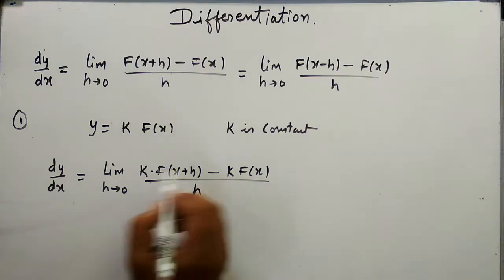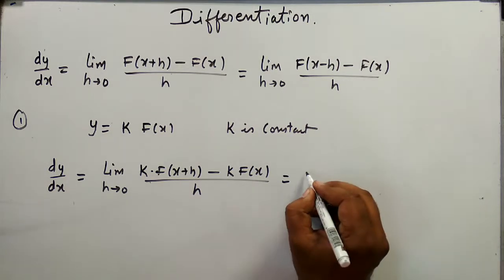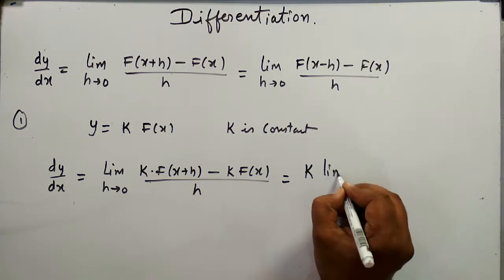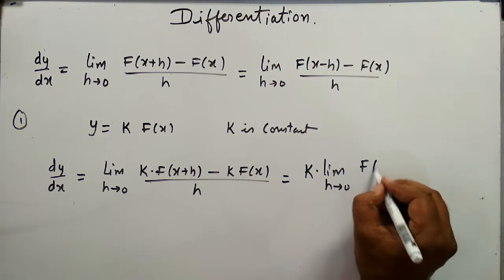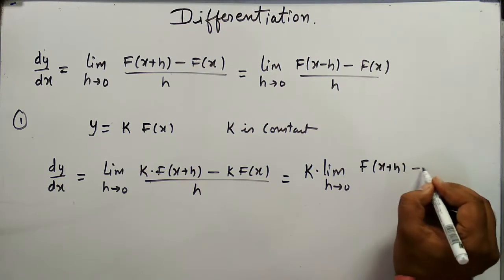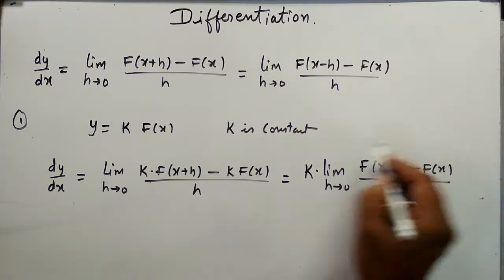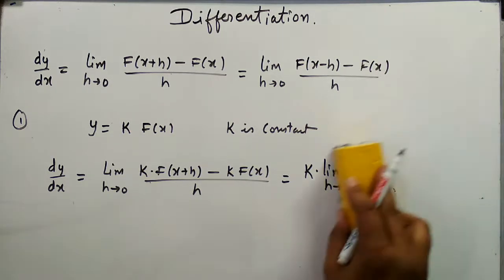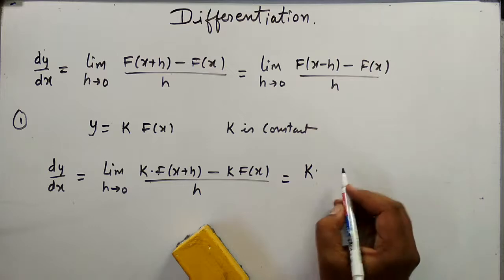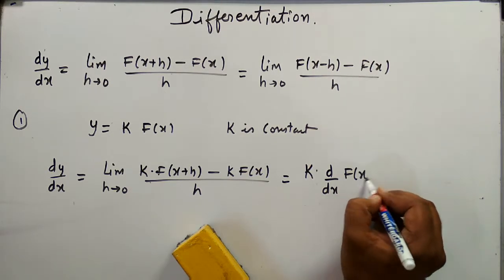Now we can take k common from both terms in the numerator, and we get k into limit h tending to 0 of f(x plus h) minus f(x) upon h, and this will be equal to k times dy by dx of f(x).